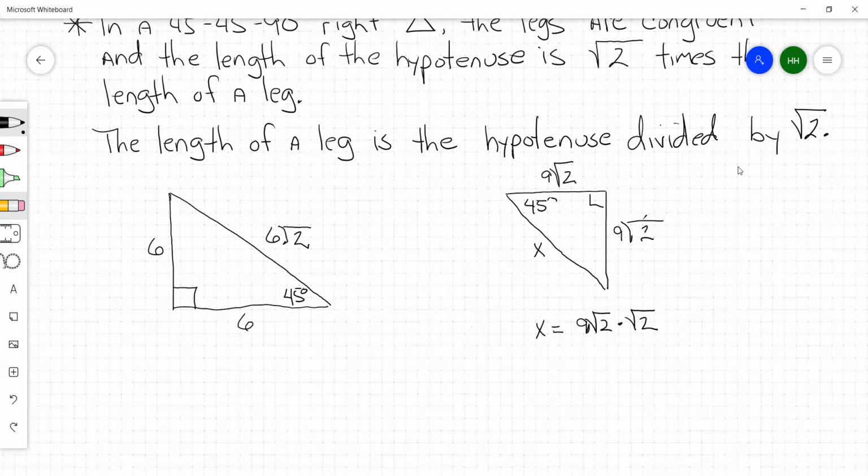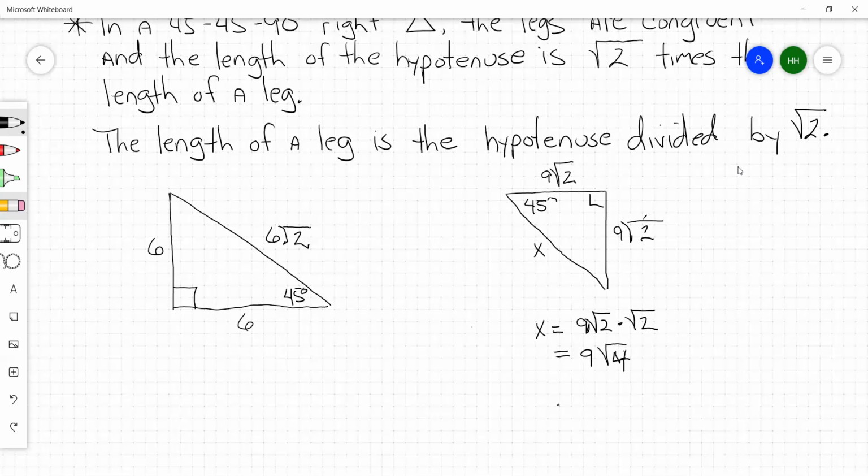There's a 1 in front of that radical, but it's not written, it's just implied. So what you have here is 9 radical 2 times 1 radical 2. So that 9 times 1 is going to be equal to 9. And then when you multiply the numbers under the radical, you get the square root of 2 times the square root of 2, which is the square root of 4.